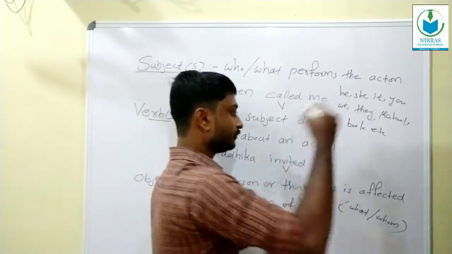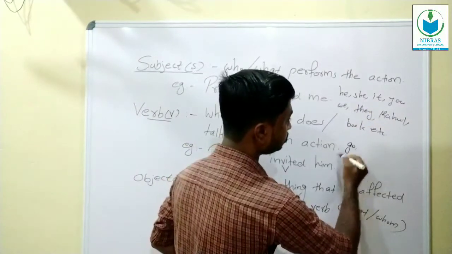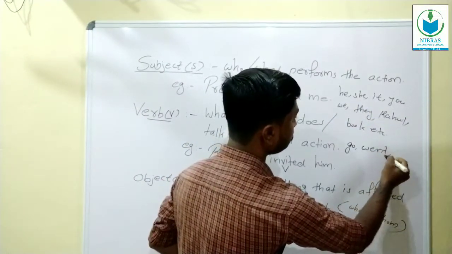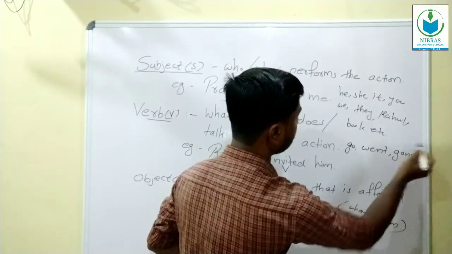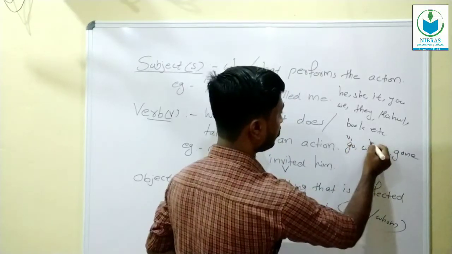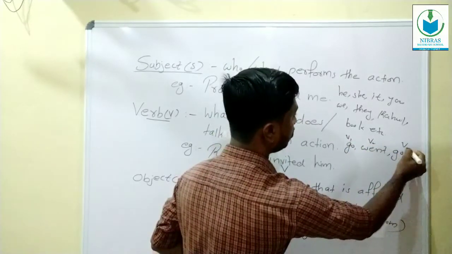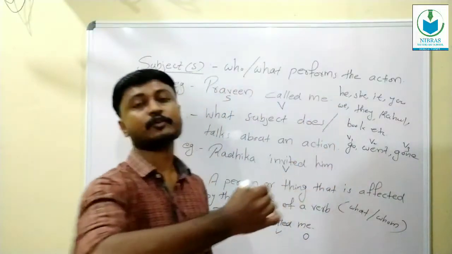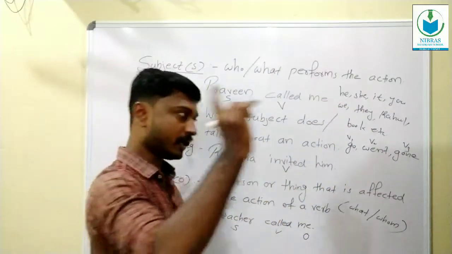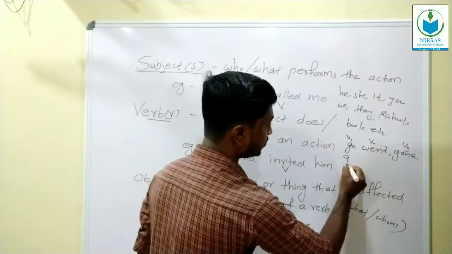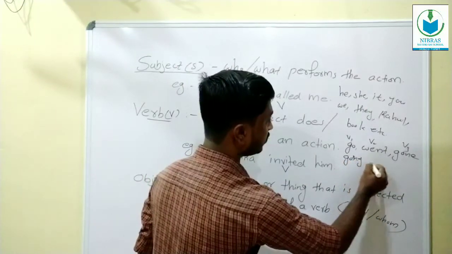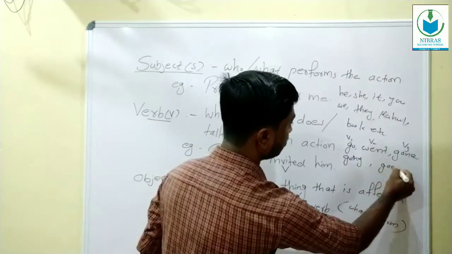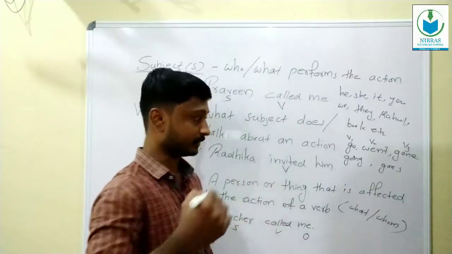For example, we know that go, went, gone. You can say go is the V1, went is the V2 and gone is the V3 form of the verb go. And in addition to that, going and goes are also here.